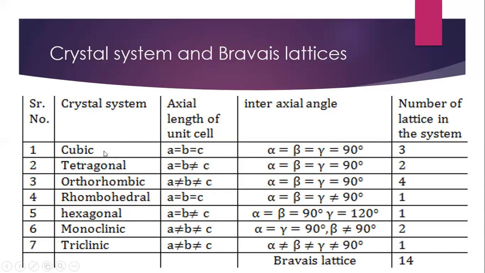So in the case of cubic, what is there? The 3 edges A, B and C are all the same, and the angles alpha, beta, gamma are equal to 90 degrees. This means all the 3 edges are perpendicular to each other, and due to being perpendicular all the 3 angles are equal to 90 degrees.